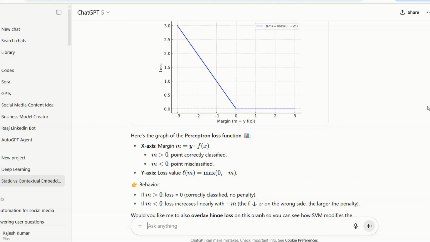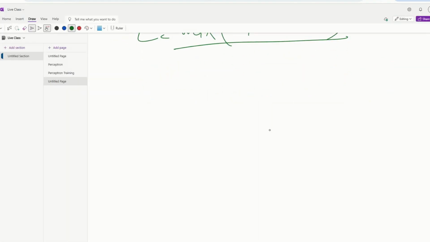Now just try to understand: if y into fx is positive, what does it mean? There are two cases. Either both are plus 1 into plus 1, or both are minus 1 into minus 1.